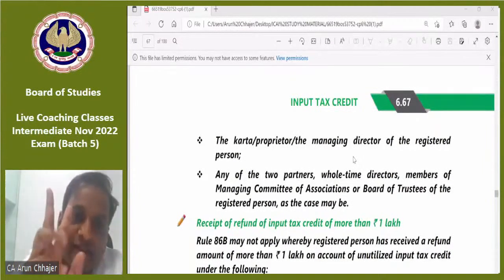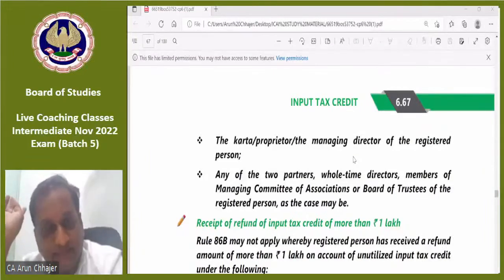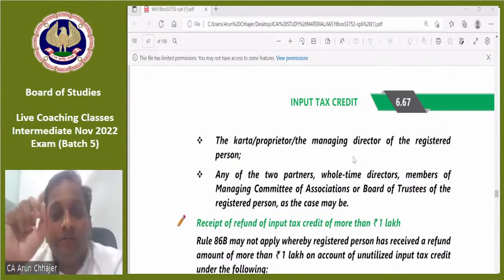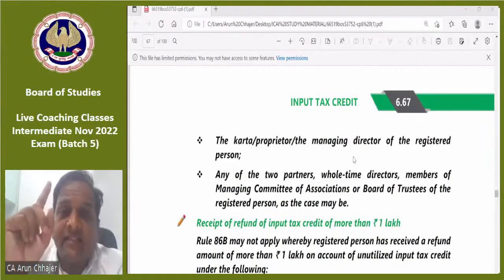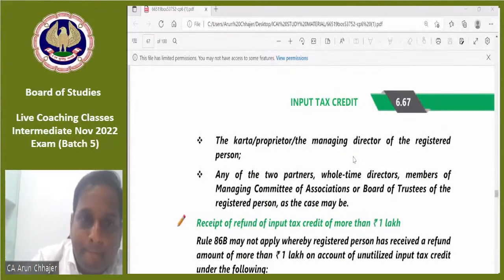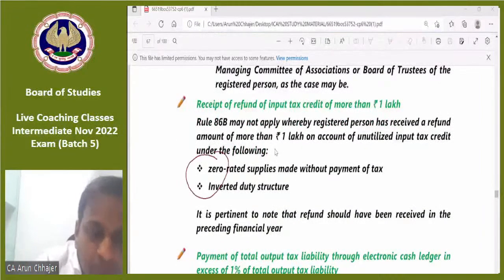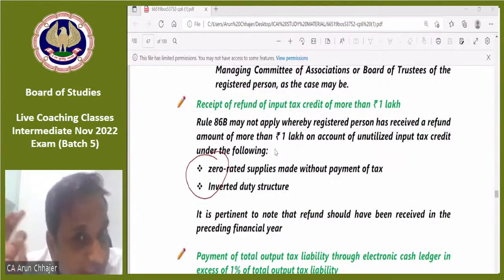There are two categories in which the government is saying we will give the refund of ITC. Apart from these two cases, the government will not give the refund of input tax credit.